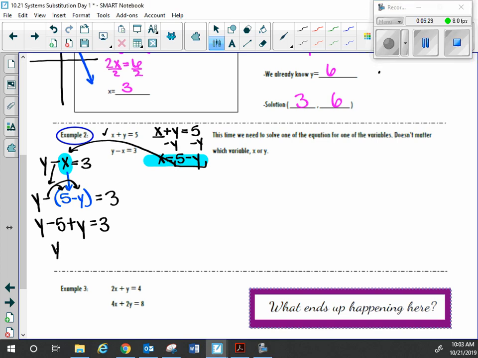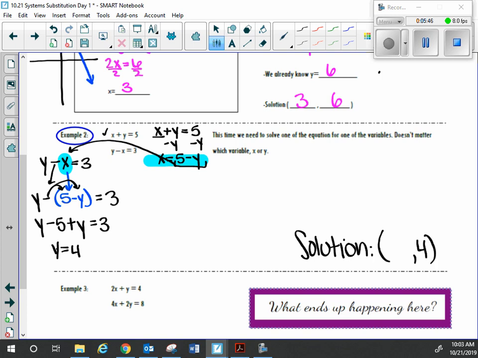Y equals 4. So I want to write my solution as an ordered pair, but all I have is y, right? So my solution is going to be something, 4.